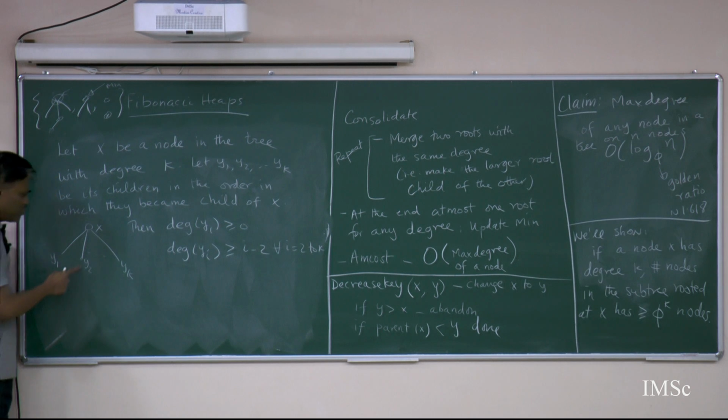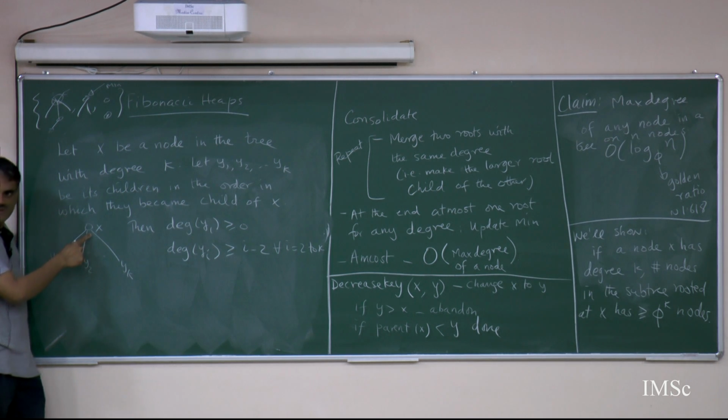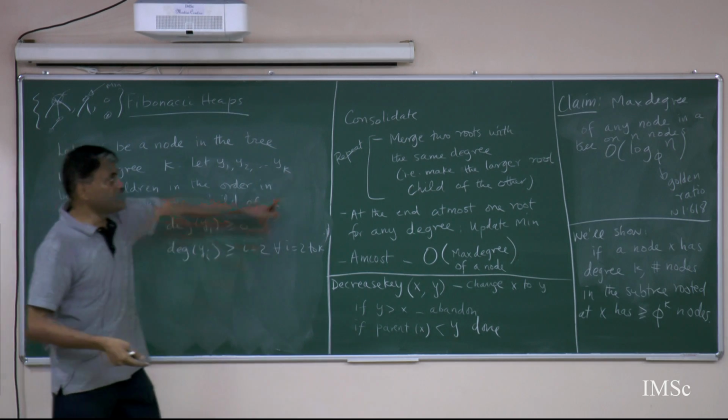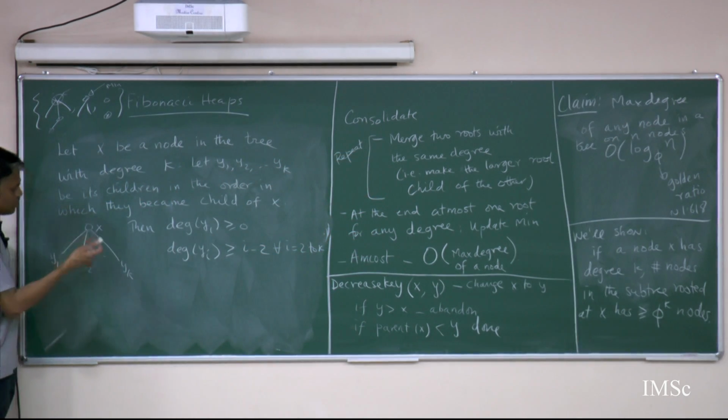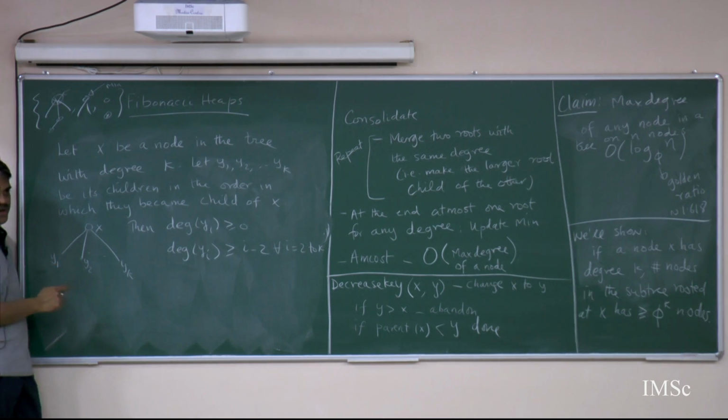So why did y2 become a child of X? What was y2's degree at that time? It must have been the same as the degree of X at that time, because you merged two roots with the same degree. So y2 at that time, when it became a child of X, must have had degree at least 1.